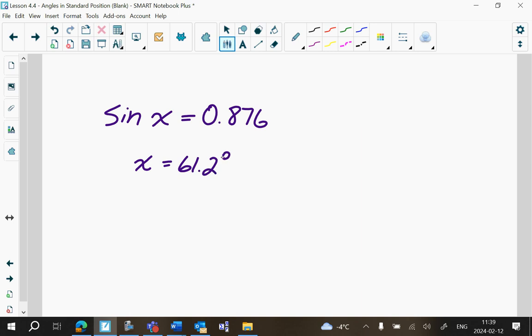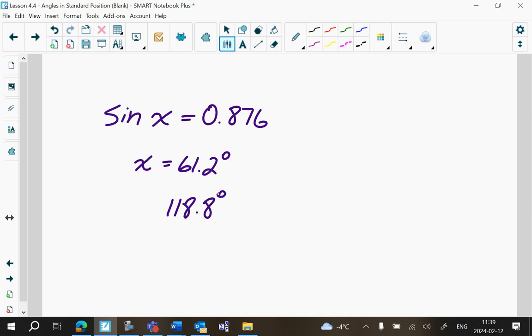Would that make sense if you did the sine of 61.2, should you get this about? Right? Okay. I'm going to make the argument that there's another answer. And that other answer is 118.8. If you do the sine of that, do you also get this?